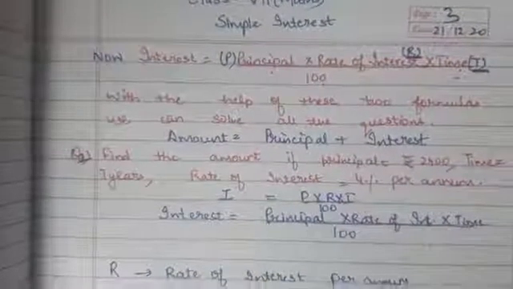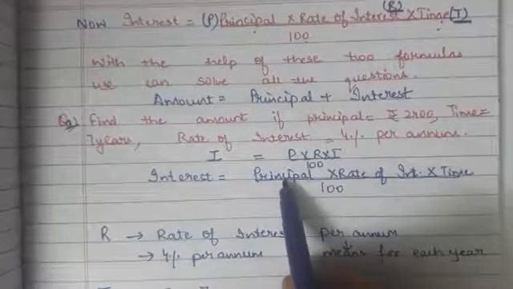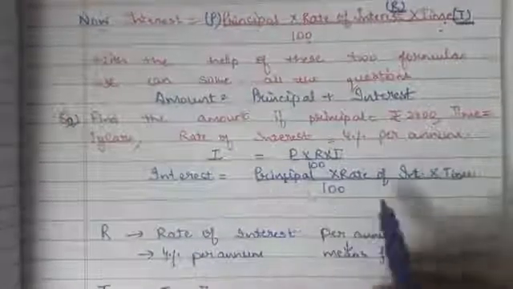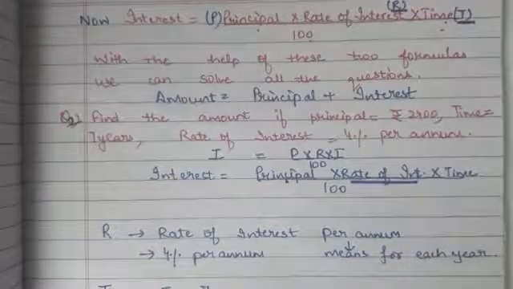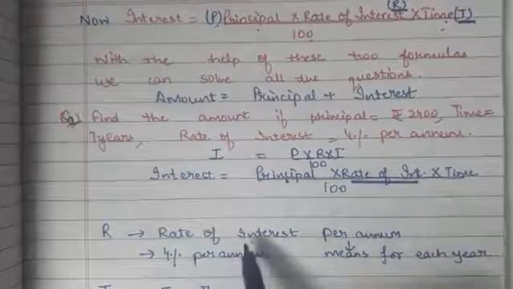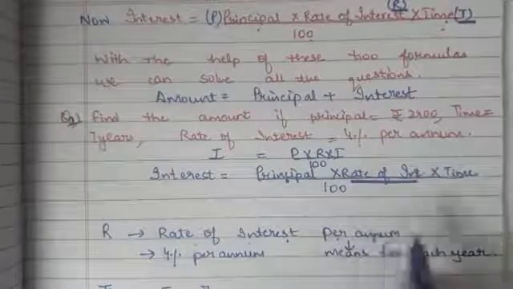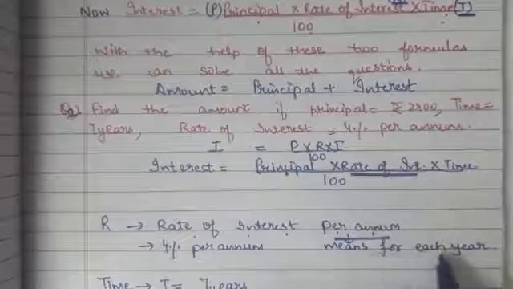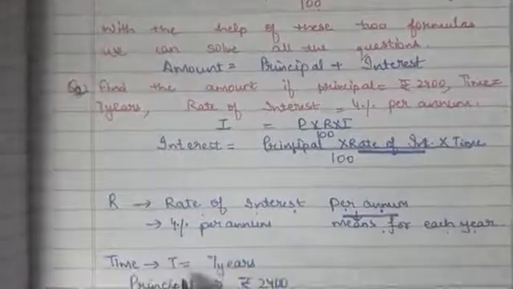Now students, P is the principal, which I have told you right now. R is rate of interest, that is rate of interest per annum. Now per annum means for each year. T is the time.